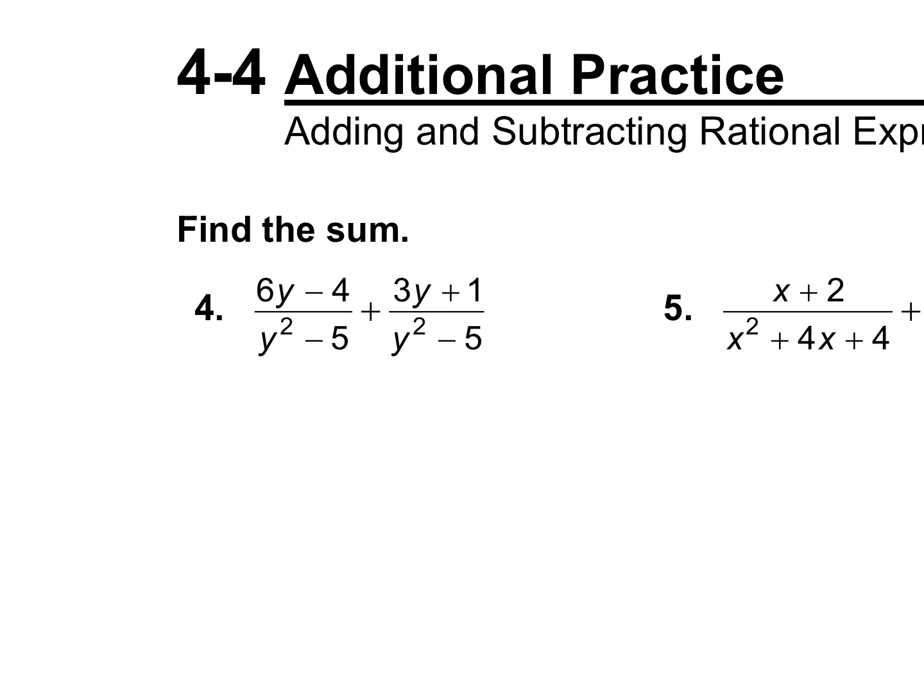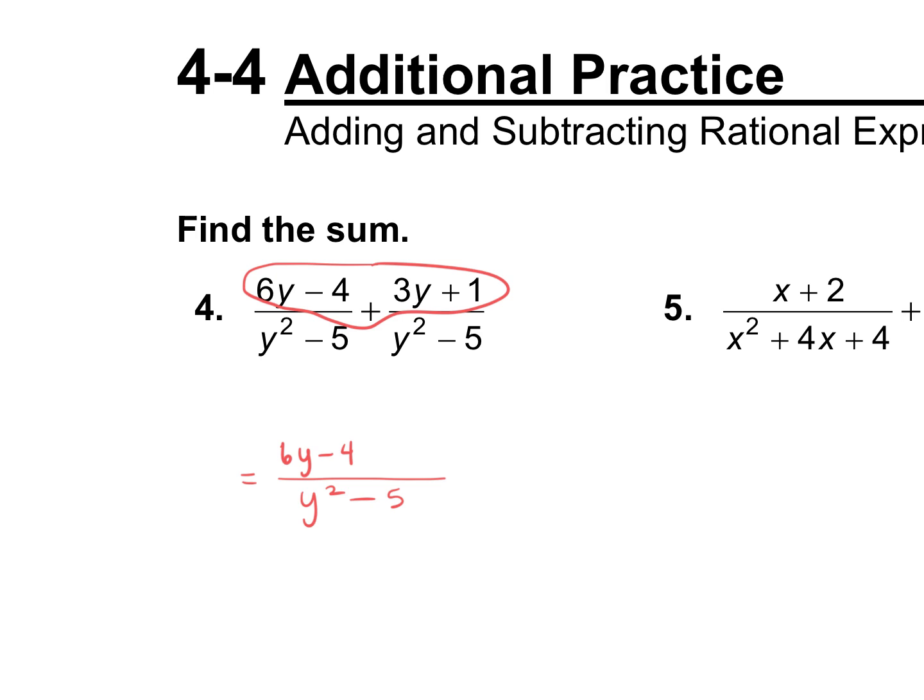We already have the common denominator, which means that this y squared minus 5 will be the denominator of our answer. The numerator, what we're going to do is add the like terms. I'm going to write out a little bit more than I normally would so it makes sense.